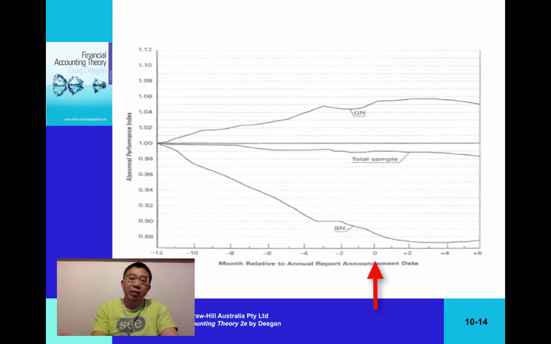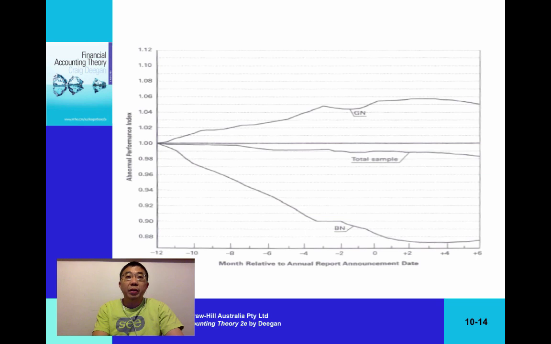So if you see -2, that means it's 2 months before, -4 is 4 months before, and then -12 is 1 year before. So +2 means that it's 2 months after the announcement of the results, and +4 is 4 months, and +6 is 6 months after the release of the results.